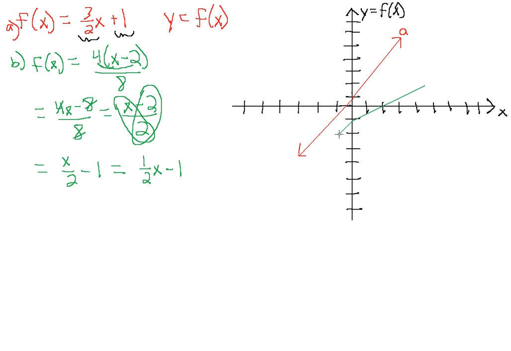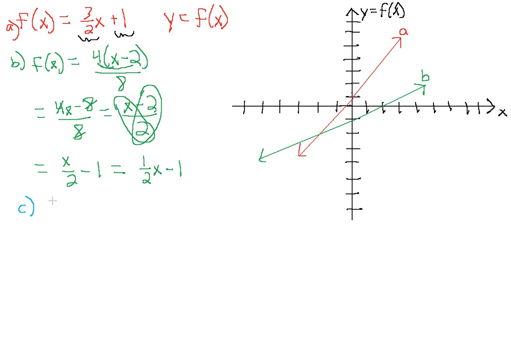We're going to go down 1 and over 2. So it's going to go through this point. And this is, forgive me again, not completely straight, so we're going to imagine that this is a straight line. And this is the line described by line B, described by the function f of x equals 1/2 x minus 1. So let's do a few more of these.